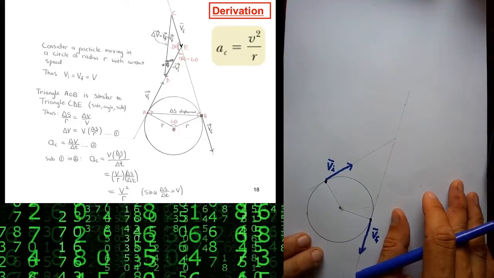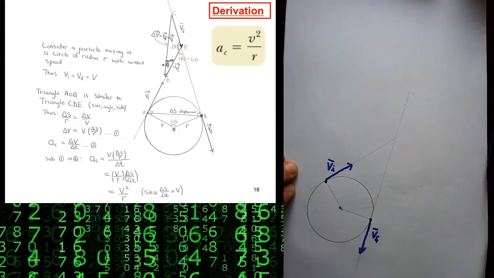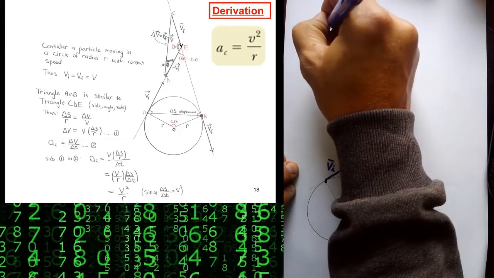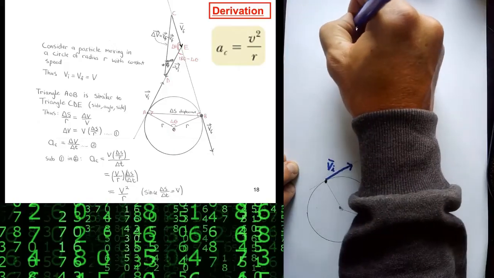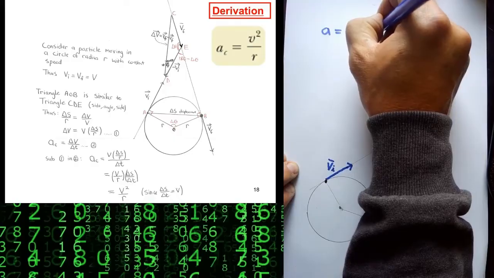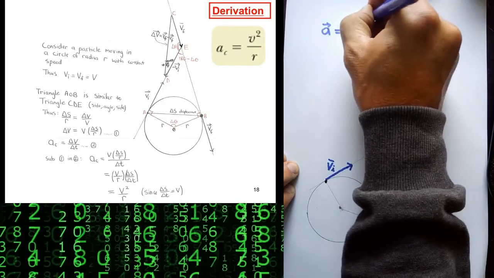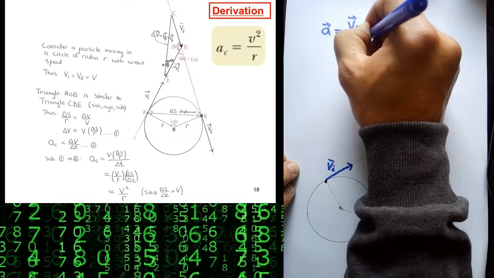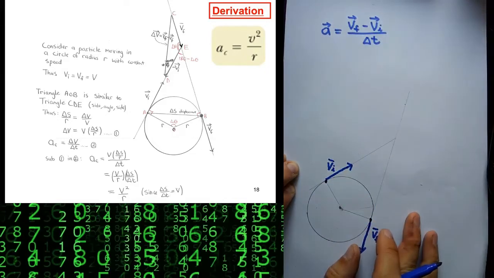You will remember that when we define acceleration, in general, acceleration is given by this expression. Acceleration is equal to VF minus VI, divided by the time that's elapsed, delta t. This is the general expression for acceleration.